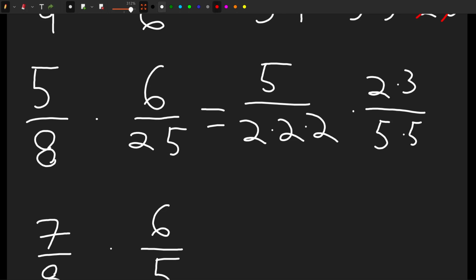I'm going to see that one 5 on the top and one 5 on the bottom can cancel. One 2 on the top and one 2 on the bottom can cancel. And now I am left with, what is that? On the top I'm left with 3. On the bottom I have 2 times 2 times 5, which is 20. 3/20ths.